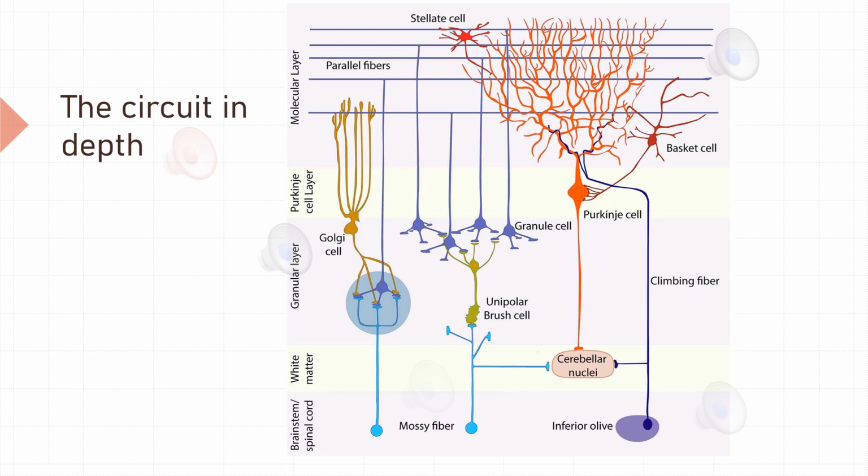The fibers originating from the inferior olivary nucleus and entering the cerebellum are called climbing fibers, as these fibers are climbing up until the Purkinje cell layer as they enter the cerebellar cortex, and the rest of the fibers coming from multiple locations such as the cerebral cortex and the spinal cord are referred to as mossy fibers. And remember that all fibers that enter into the cerebellum are excitatory.